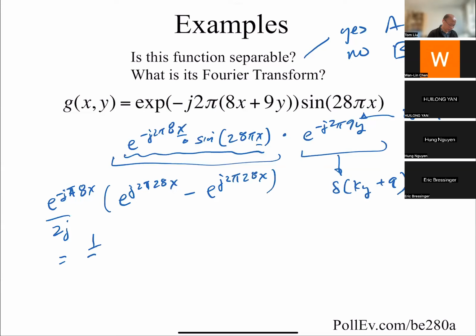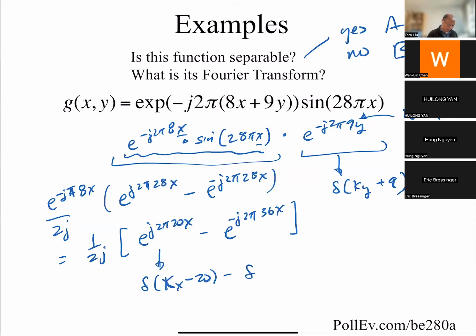So that equals 1 over 2j times e to the j 2 pi 20x minus e to the, oh sorry, this is minus j 2 pi, I guess that'd be 36x, right? And this would go to a delta of kx minus 20 minus delta kx plus 36, all multiplied by 2j.